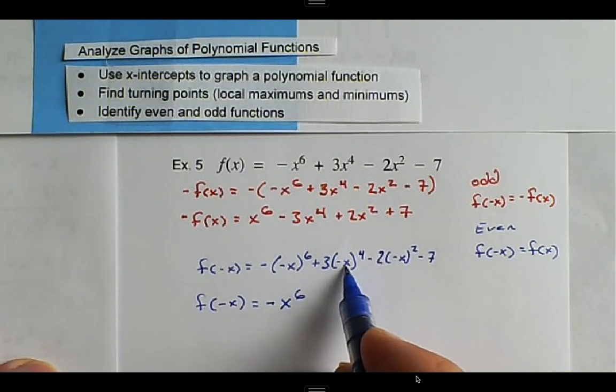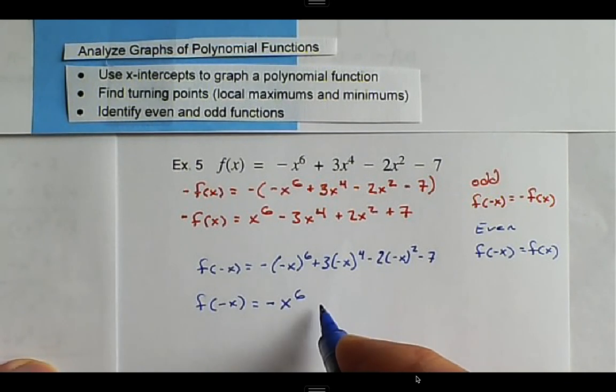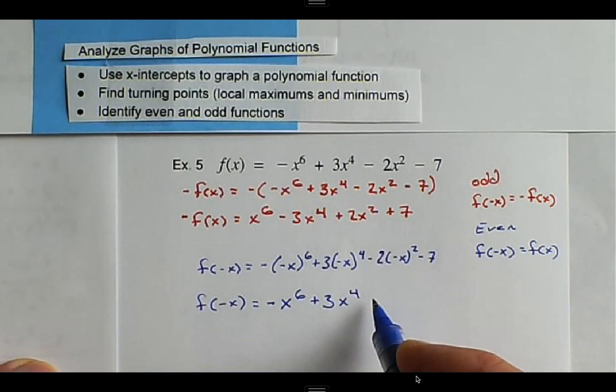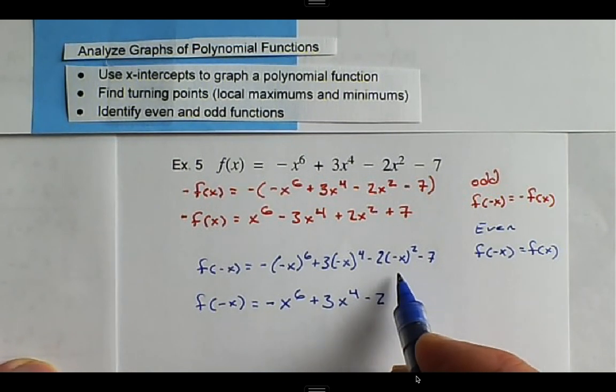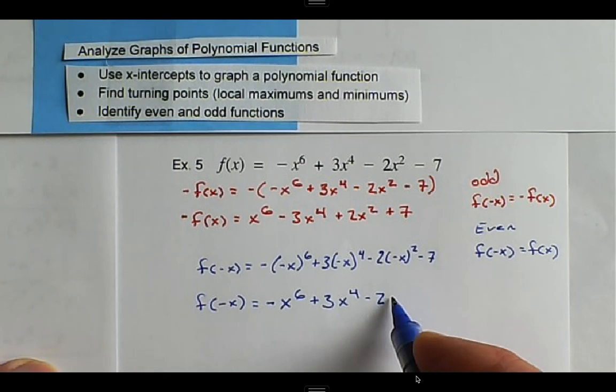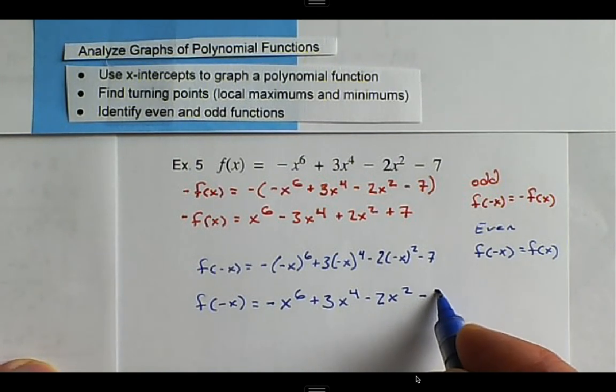Same thing here: we have negative x raised to an even power, so that will be a positive value. So that's going to be plus 3x to the 4th. The negative 2 comes down, and then we have negative x raised to the 2nd power, so again that negative drops out, and we're just left with x squared and nothing changes with the negative 7.